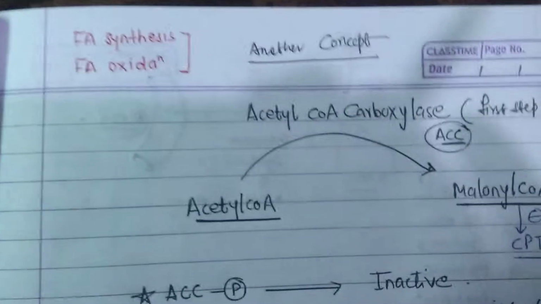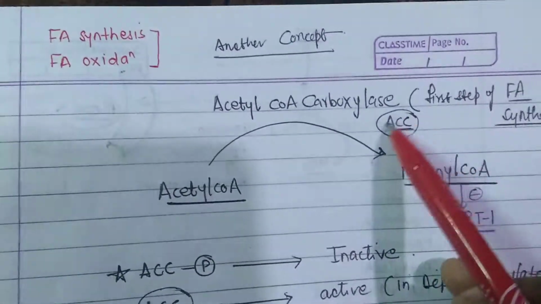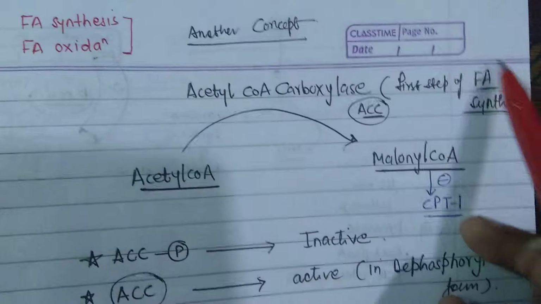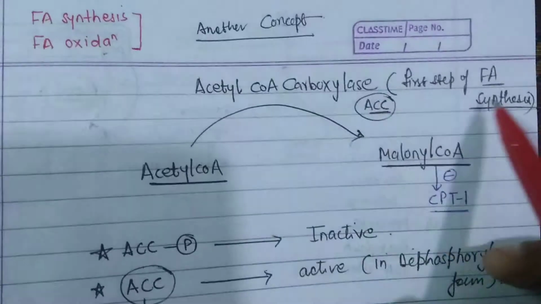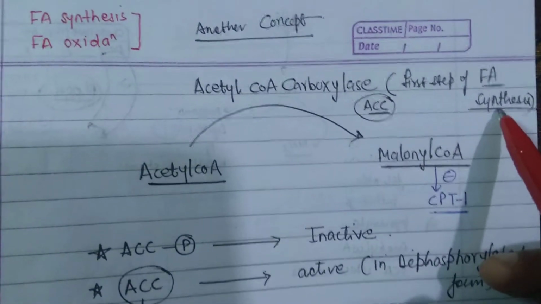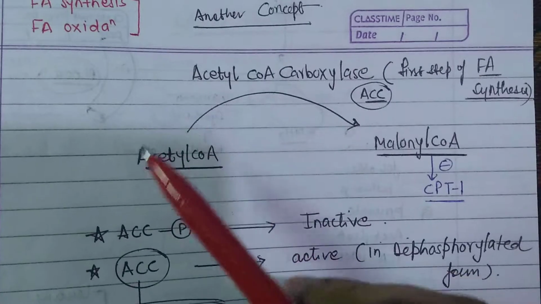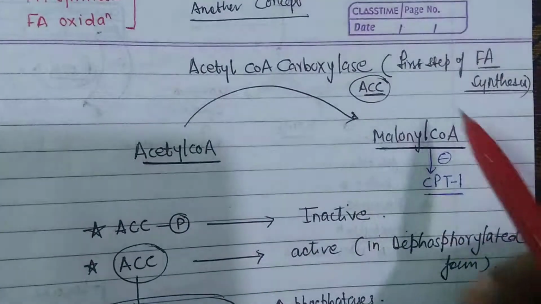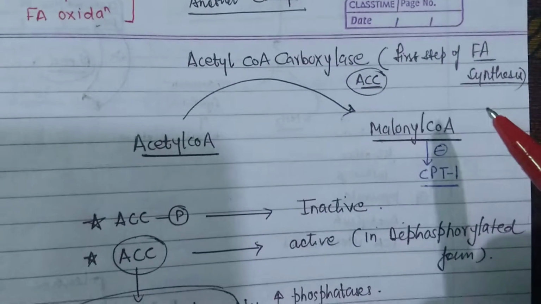Look, this enzyme you can clearly see, which is written here, is acetyl CoA carboxylase, ACC. This enzyme is the first step of the fatty acid synthesis pathway, and it is the rate limiting enzyme of the pathway. What does this step cause? This step causes acetyl CoA to convert into malonyl CoA.